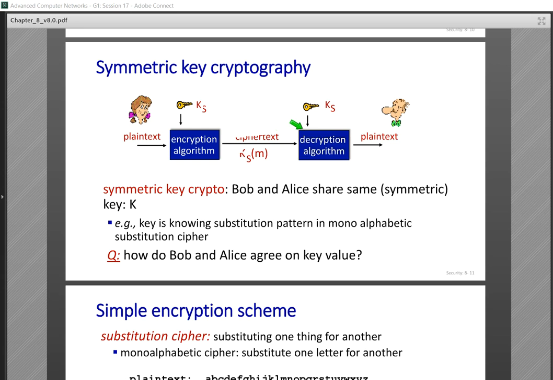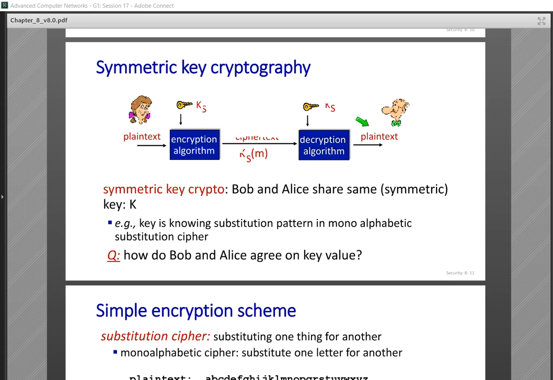At the receiver, Bob can decrypt the ciphertext using the symmetric key again. He can decrypt the text and extract the plain text from the received message.